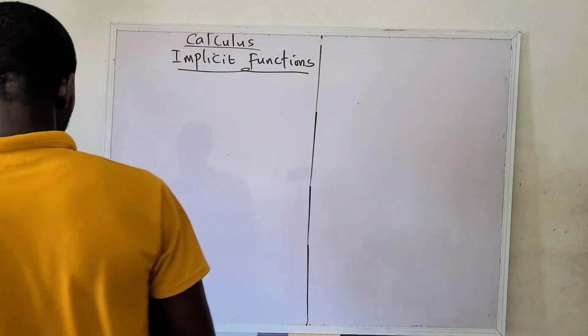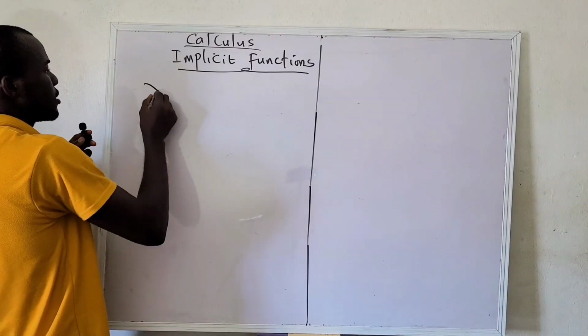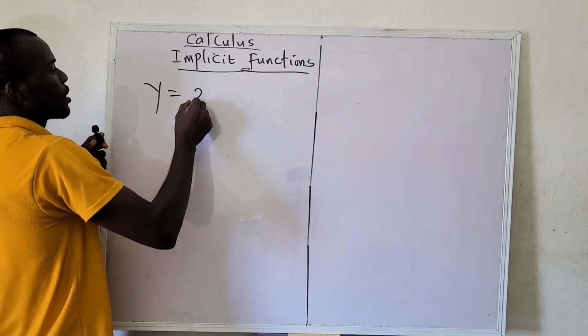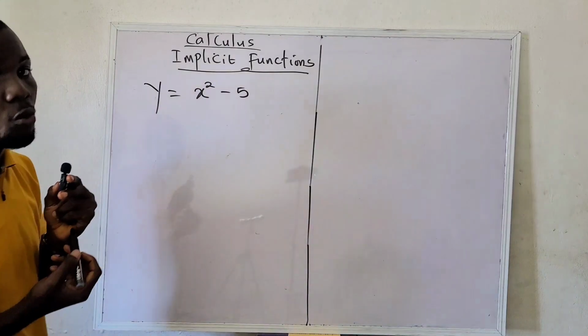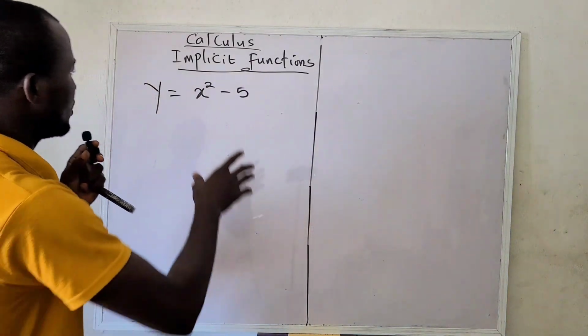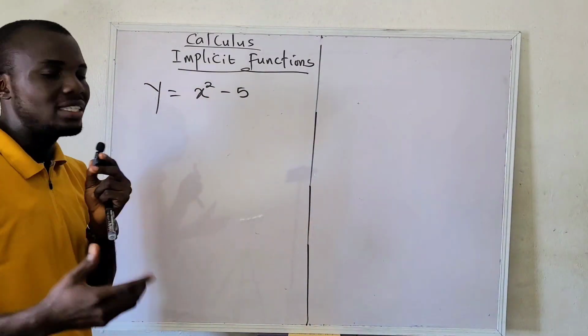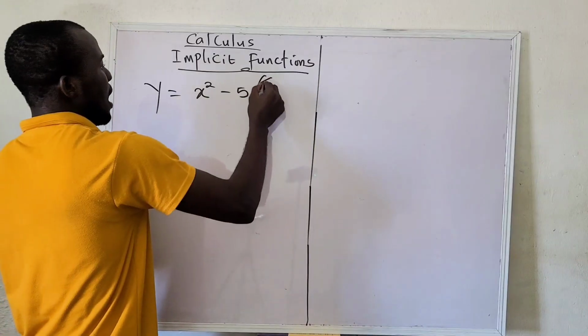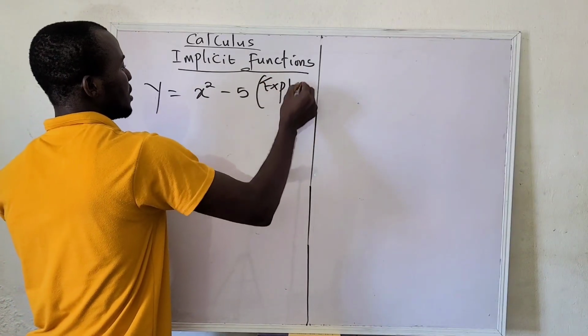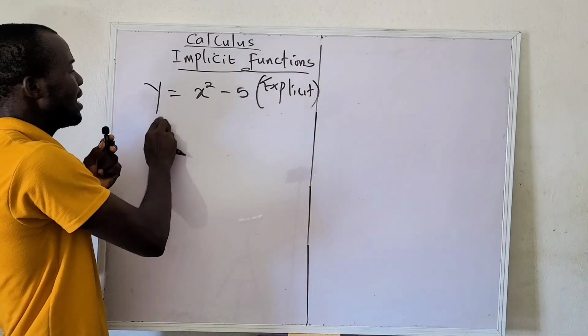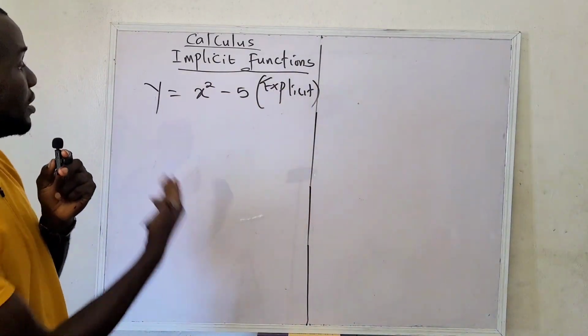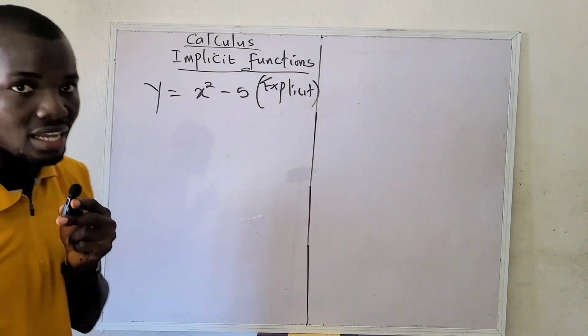Here is what you need to know: if you can clearly express a function like this, let's say x squared minus 5, in terms of y, we say this is what? An explicit function. That means you can clearly separate y to the left hand side.